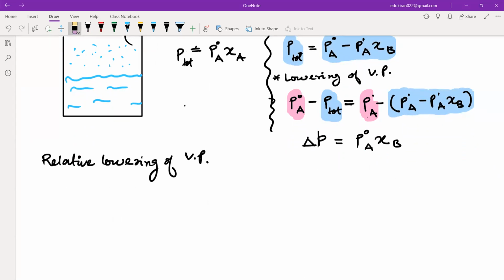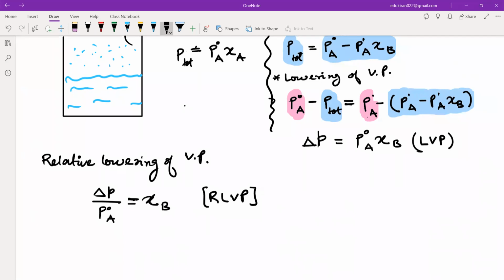Relative lowering will be found if you divide this by P naught A on both sides. So delta P upon P naught A will be equal to chi B. This expression represents the relative lowering of vapor pressure. The earlier expression gives the lowering of vapor pressure, and this one gives the relative lowering of vapor pressure.